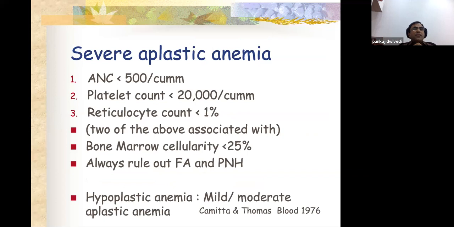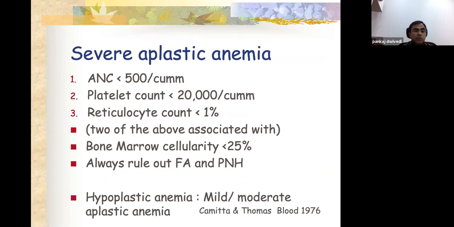Now, how do we define severe aplastic anemia? Severe aplastic anemia is when the absolute neutrophil count is less than 500, platelet count is less than 20,000, and retic count is less than 1%. Two of these are associated with bone marrow cellularity. As I told you, bone marrow cellularity is an important part, and when it is less than 25%, it goes with the diagnosis of severe aplastic anemia.